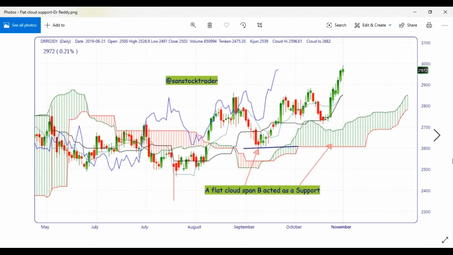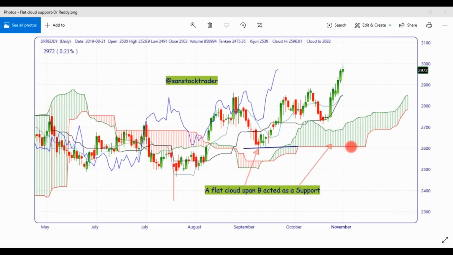As I said previously, we saw an example of how a flat cloud bottom acts as a resistance. This time a long flat cloud bottom acts as a support. See, a long flat cloud bottom. So exactly what is it?